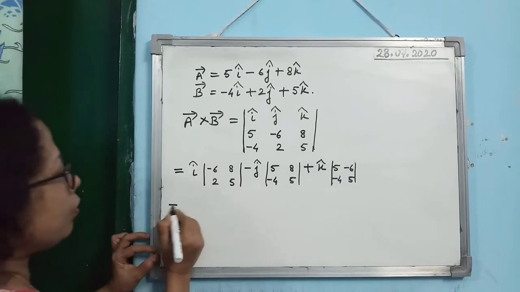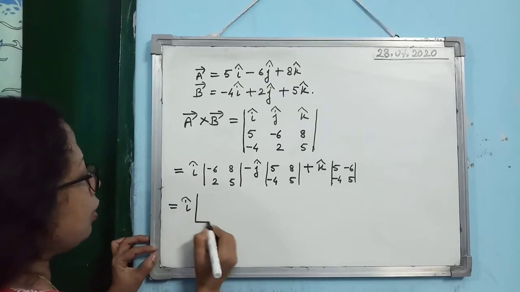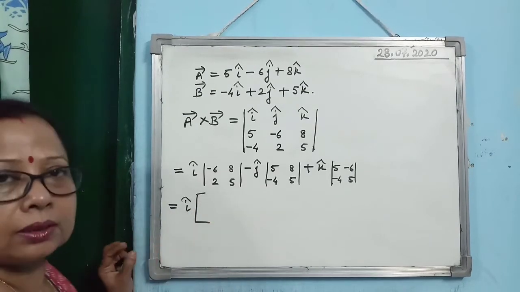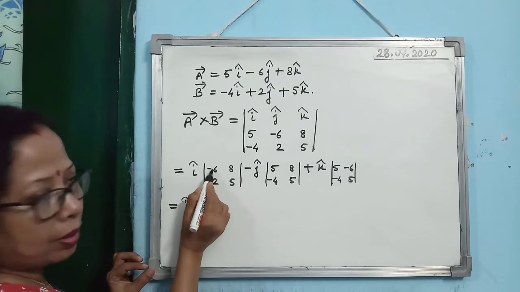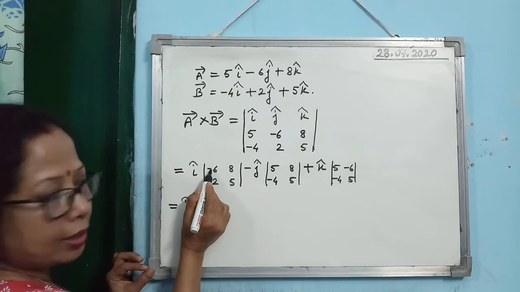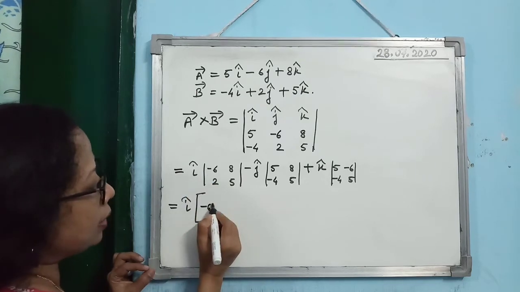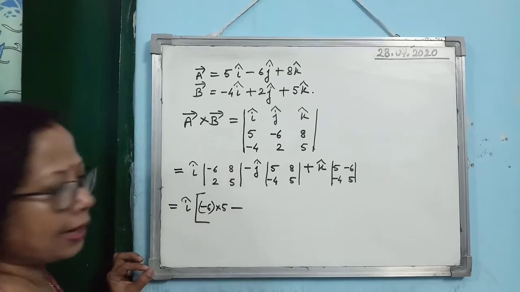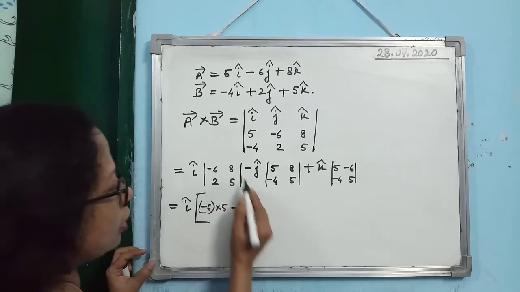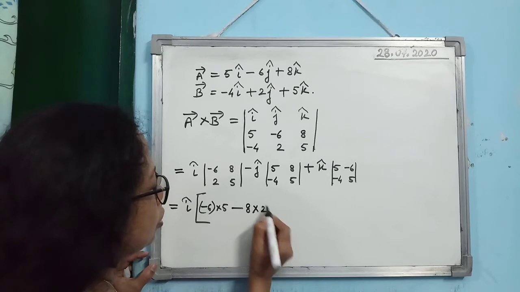Alright. Now you expand it. When you expand, you use the third bracket, because there is a negative sign. So what I said, start from the leftmost upper corner and go diagonally. So minus 6 into 5, then there will be a negative sign, then the cross product of the other two, 8 into 2.